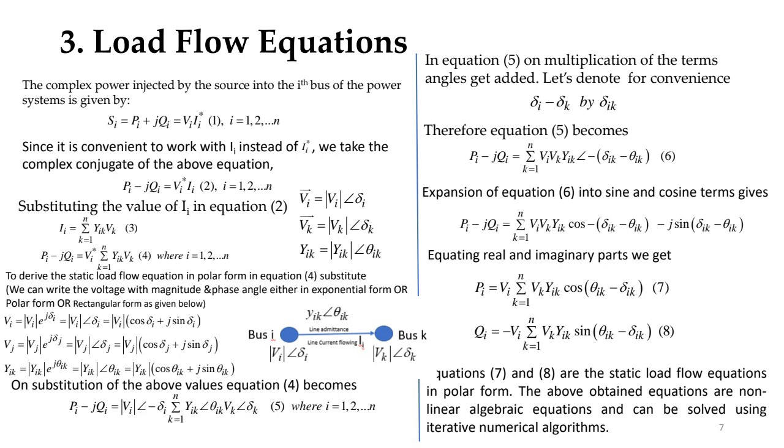And the admittance of the line we can write as Yik angle theta ik. So what we see is a sending end bus with voltage and phase angle Vi delta i, and a receiving end bus k with voltage and phase angle Vk delta k, the current Ii flowing, and the admittance of this line Yik with respect to the angle theta ik.